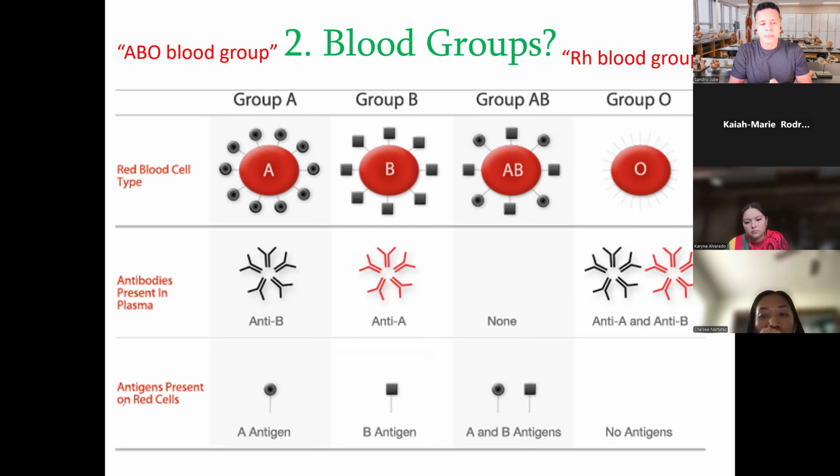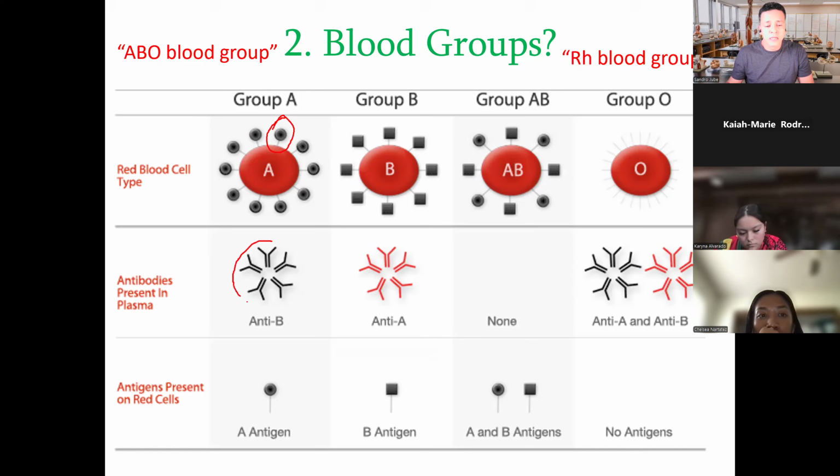So what is an antibody? What is the difference between an antibody and an antigen? Guys, antigens are proteins on the surface of the red blood cell. Okay, remember, they are surface markers. They are stuck to the surface of the cell.